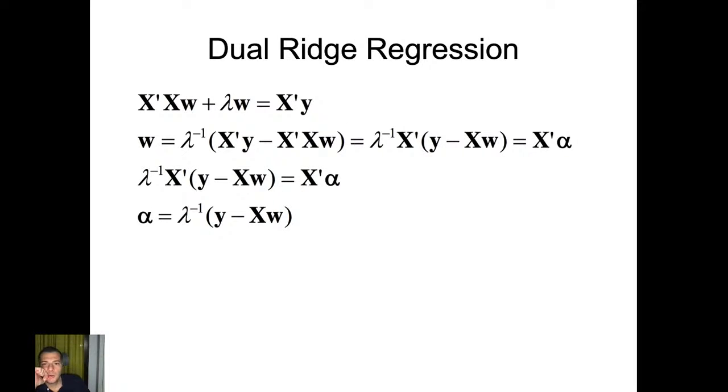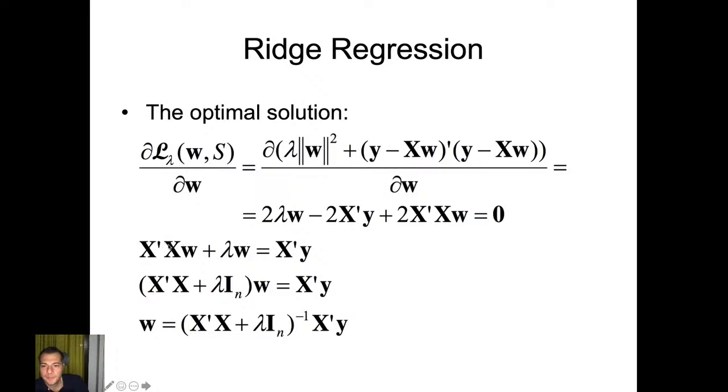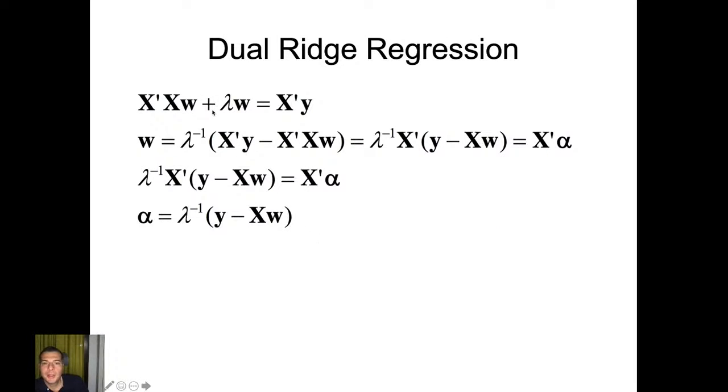So how do we solve for the dual problem? In dual ridge regression, we start from the primal normal equation, that is the equation here, and we do a trick in order to compute the solution. We try to extract w from one of these two terms.